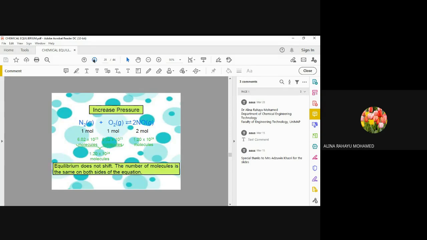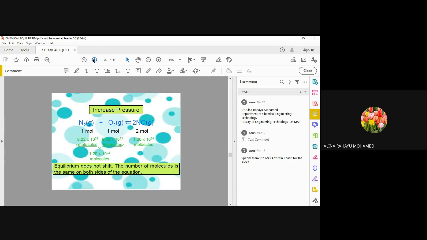Okay, if we increase the pressure for this reaction, we have nitrogen reacting with oxygen to form 2 moles of NO. Let's look at the left-hand side. We have 1 mole plus 1 mole, so that becomes 2 moles.